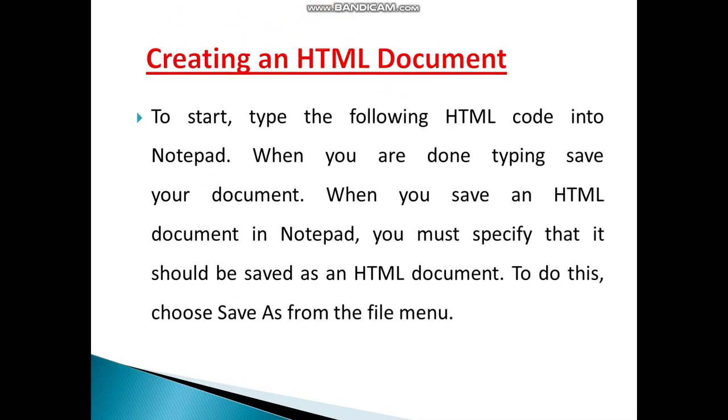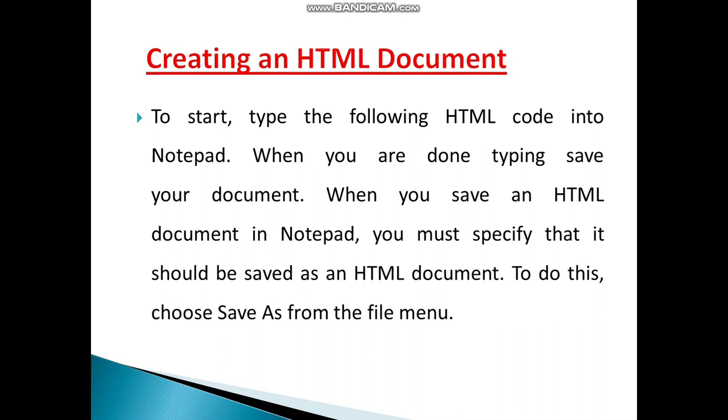Now dear children, how to create an HTML document. To start, type the following HTML code into Notepad. What do you have to do first? When you are done typing, save your document.